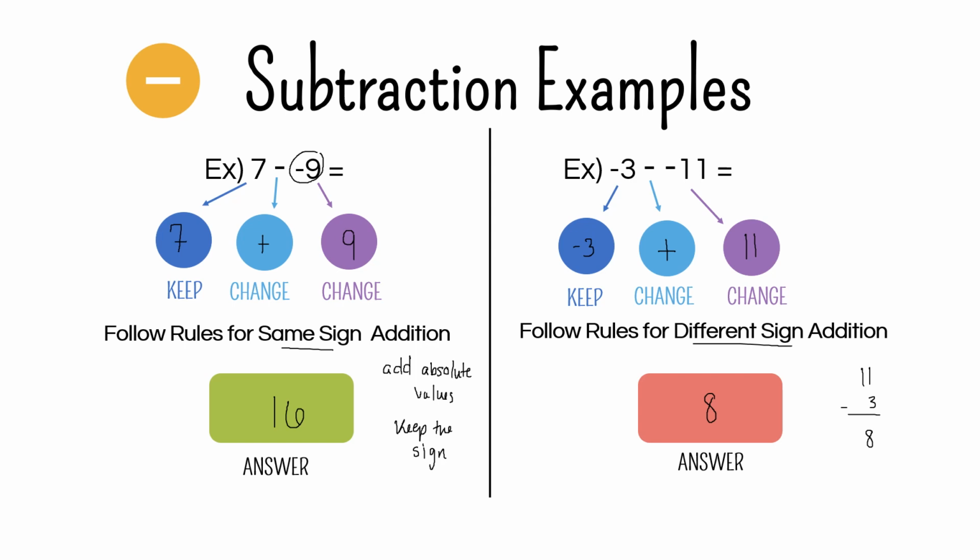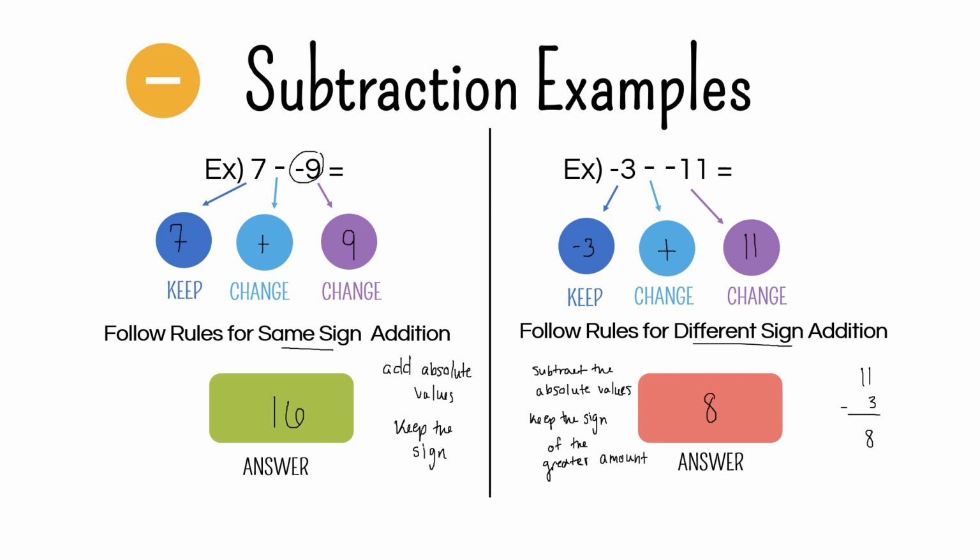So we follow the rules for different sign addition, which we know is to subtract the absolute values and keep the sign of the greater amount.